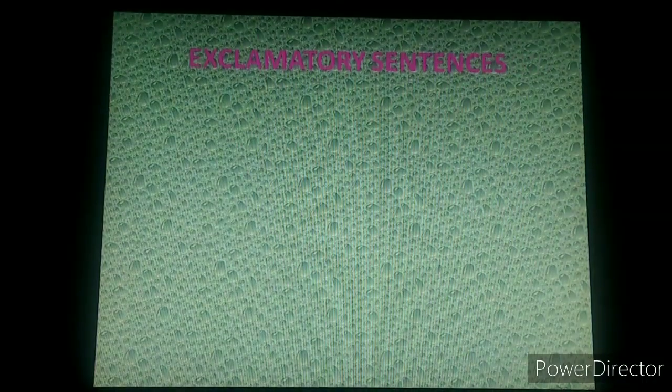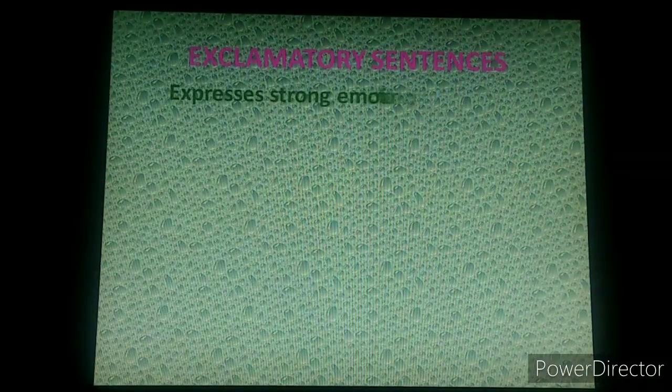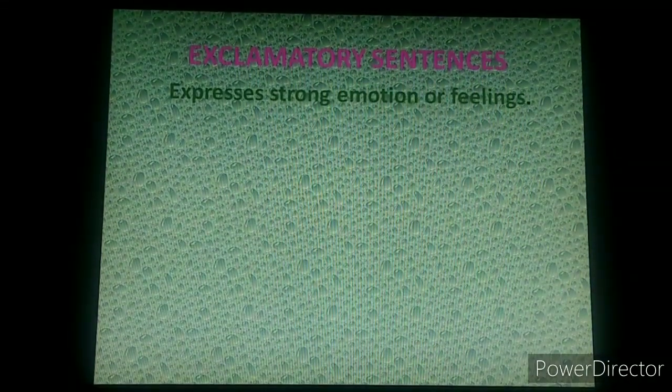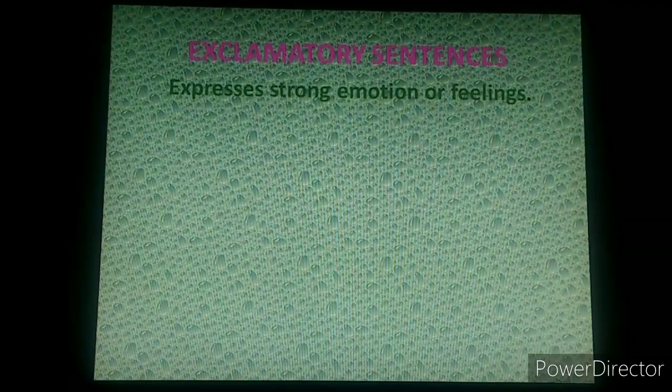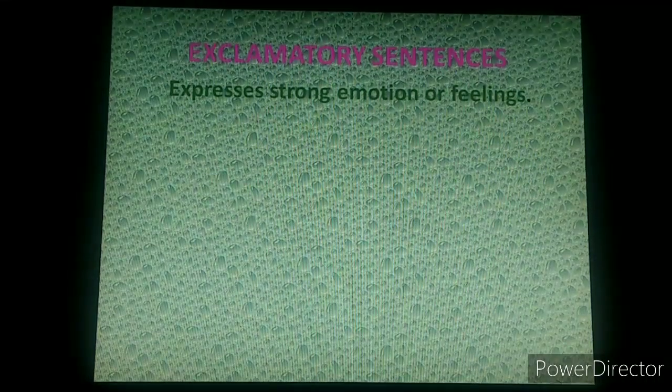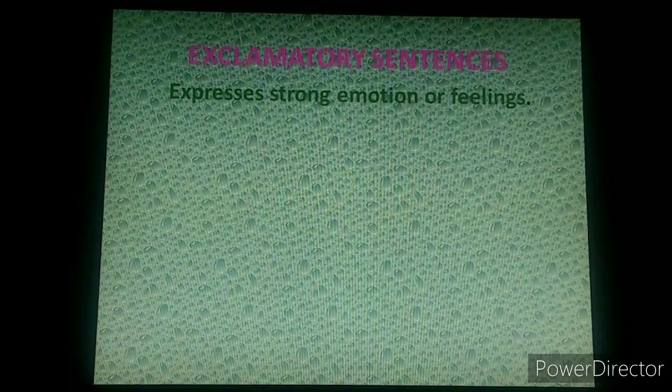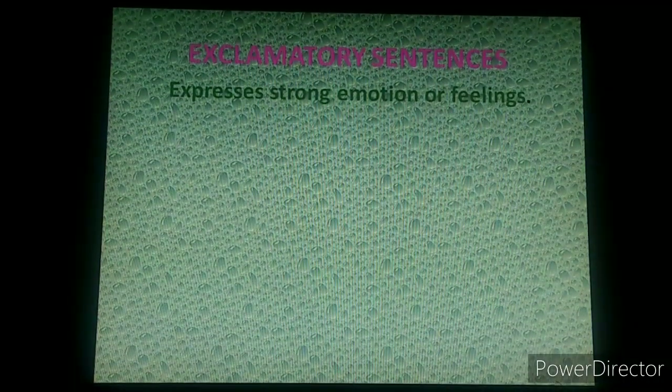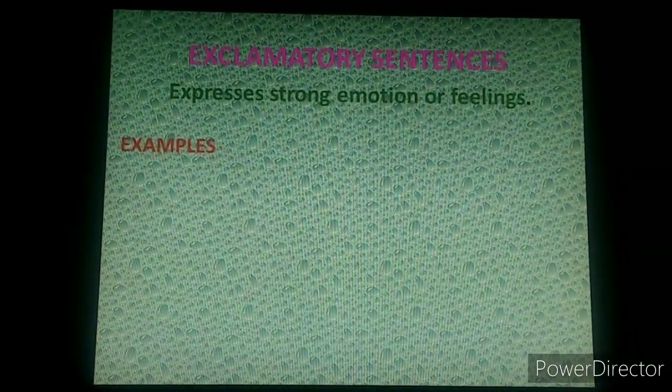The last one is the exclamatory sentence. Exclamatory sentences are those sentences that express a strong or sudden feeling such as surprise, joy, anger, etc. We can say that exclamatory sentences express strong emotion or feeling.